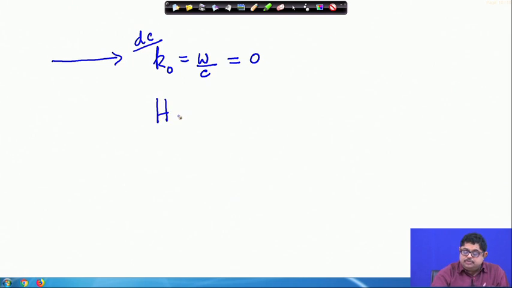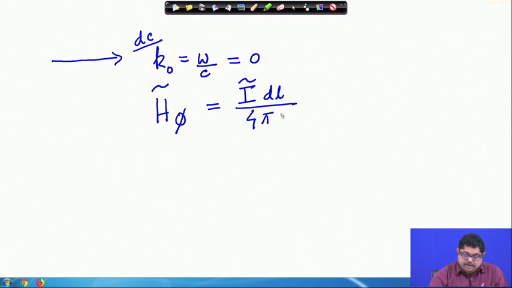So, what happens to H phi? If we look at its expression, H phi becomes I dl by 4 pi r square sin theta. So, if we send a DC current, the magnetic field is this. If you remember, this was nothing but the magnetic field we considered in magnetostatics.